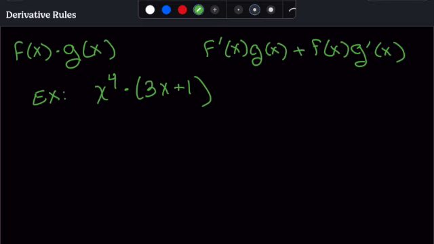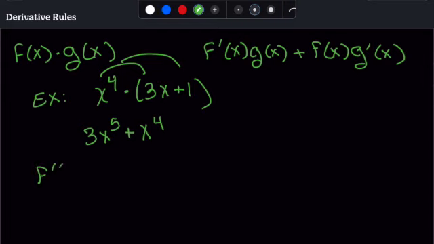So you can simply just distribute this 4 and make this 3x to the 5th plus x to the 4th. And using the power rule that we know before, well, this derivative will be 15x to the 4th plus 4x cubed.